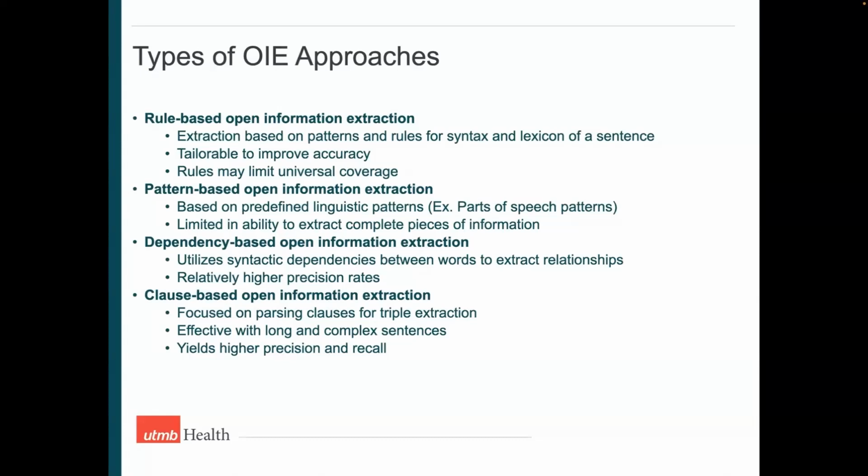The clause extraction steps can include dependency parsing, clause type analysis, and generating propositions. Clause-based open information extraction offers the advantage of considering all adverbials within a clause, which could result in comparable or even higher precision and recall by extracting a greater number of statements compared to other open information extraction methods.